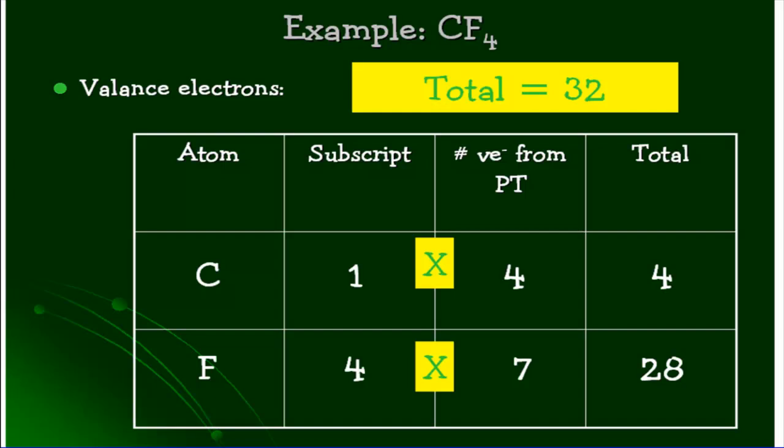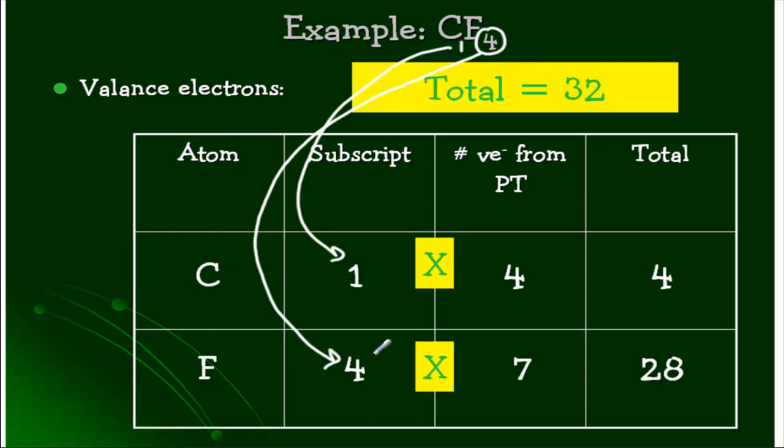Alright, to calculate our valence electrons, here's what we do. Our formula here is CF4. So we look at our subscripts. Remember that there's a 1 there, so that goes here with the carbon. The 4 here goes here with the fluorine. There's where those numbers come from. The valence electrons come from the periodic table. Remember 1, 2, skip a few, 3 through 8.